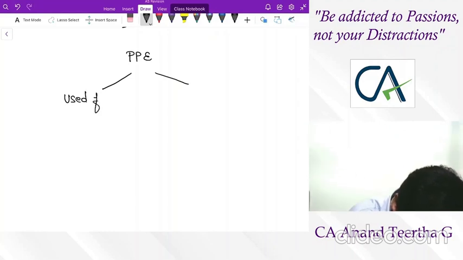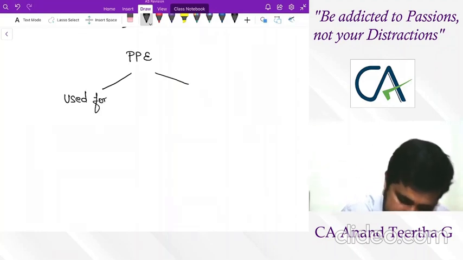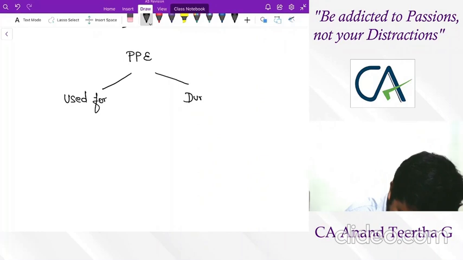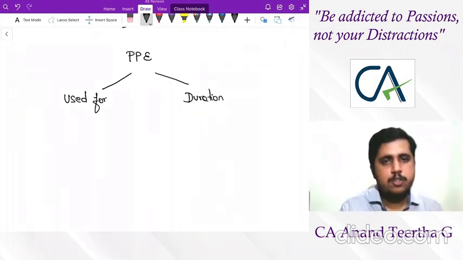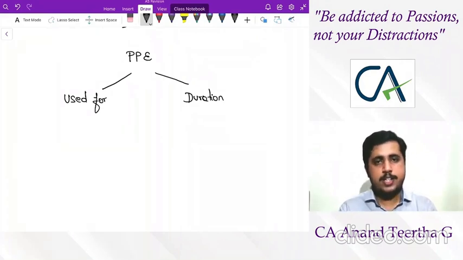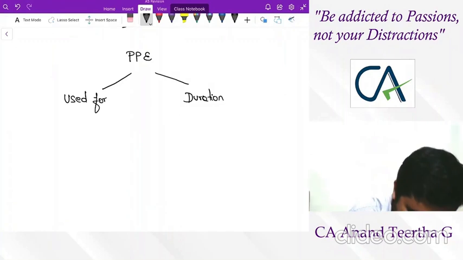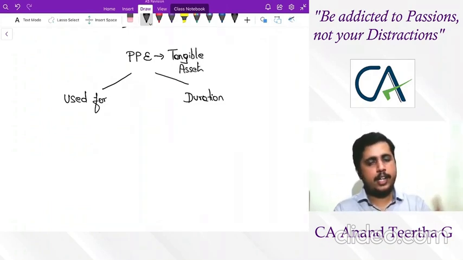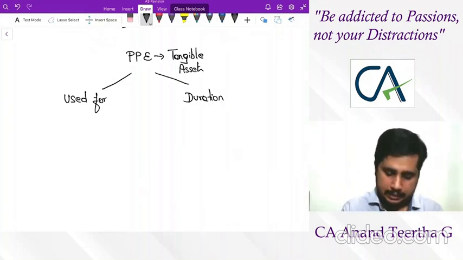Used for. And what is the duration? So first, what is the purpose for which you need to have this particular asset? PPE applies to all tangible assets. So they are all tangible assets which are used for. Intangibles are not covered here. Intangibles are covered in AS 26.